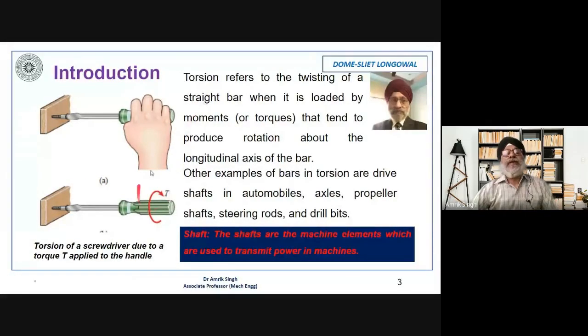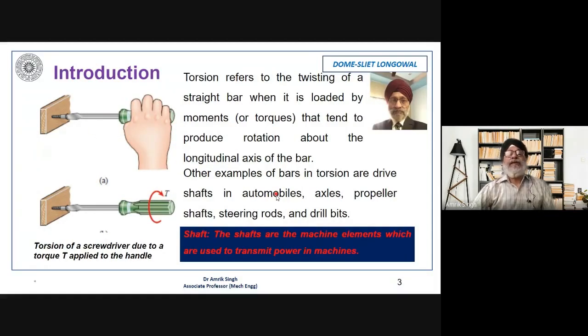So this is a phenomenon of the torsion. It refers to the twisting of a straight bar when it is loaded by moments or torques, and it tends to produce rotation about the longitudinal axis of the bar. So here you see this is a longitudinal axis. When we apply the torque, it gives the rotation.